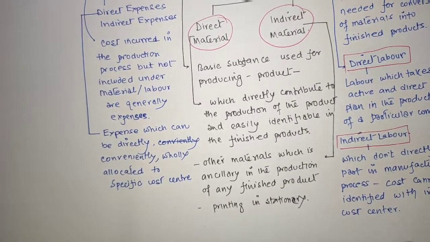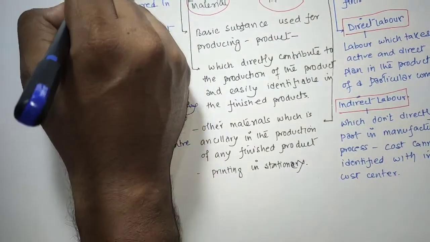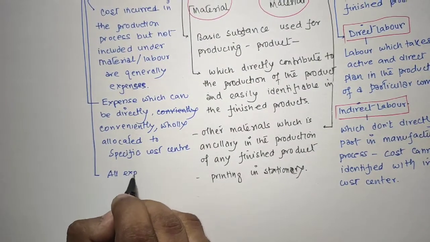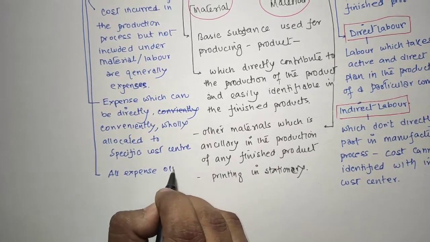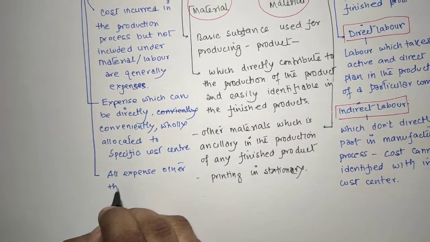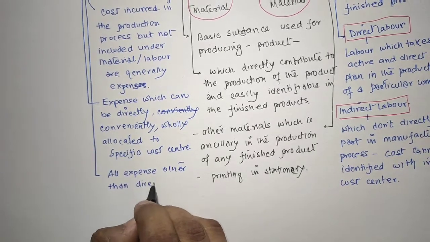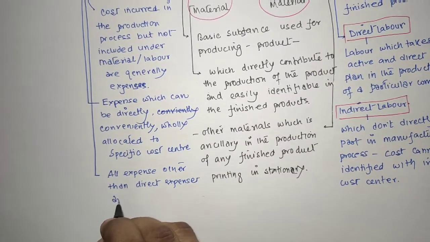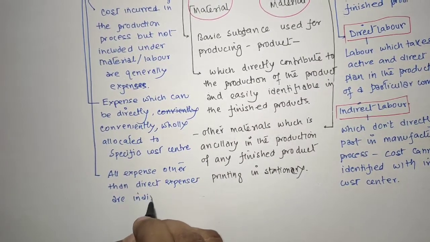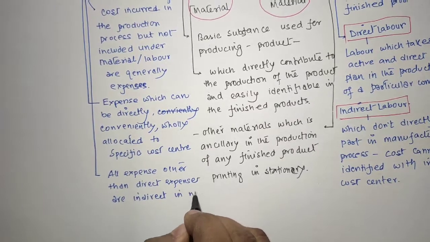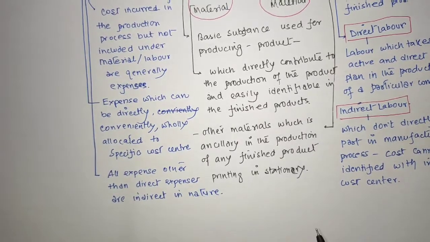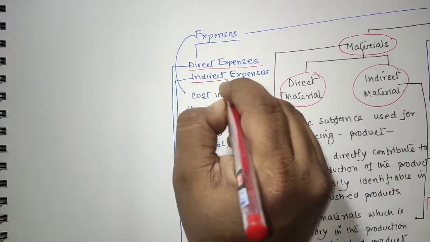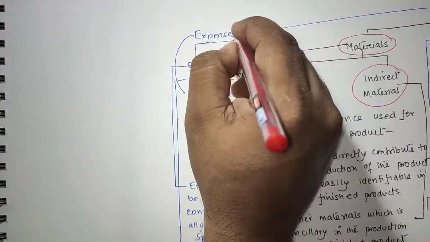And indirect expenses: all expenses other than direct expenses are indirect in nature. Clear? So we have learned about direct expenses and indirect expenses under expenses.